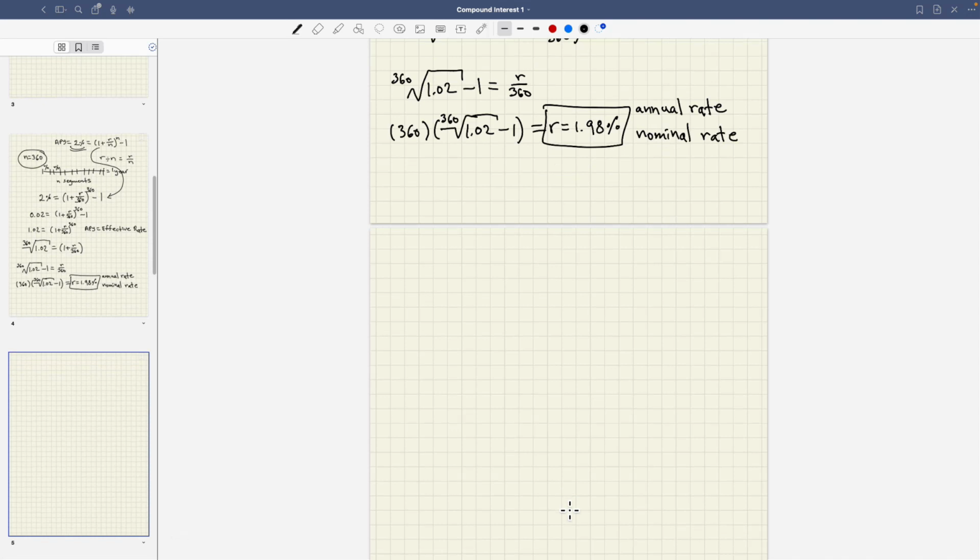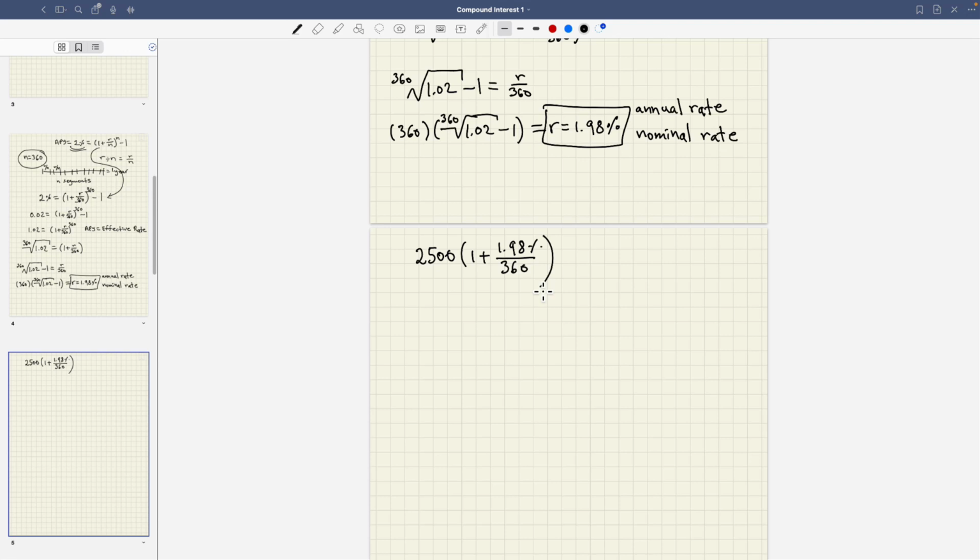So now we have R, and so we can say, okay, I'm going to invest $2,500 at 1.98%, the nominal rate now, divided by 360. How many times are you going to compound?